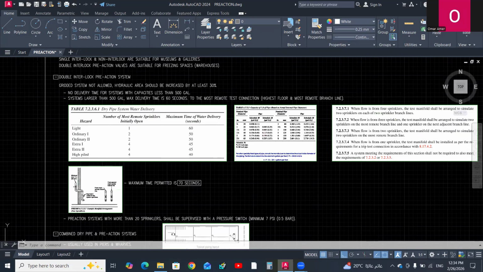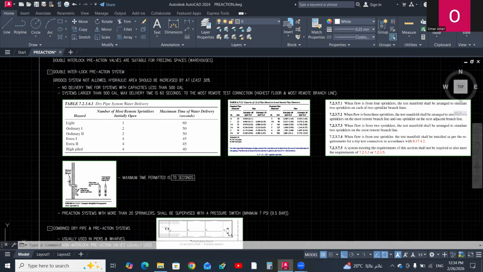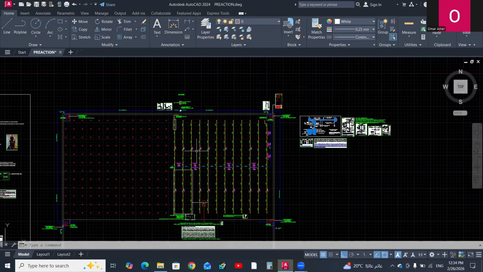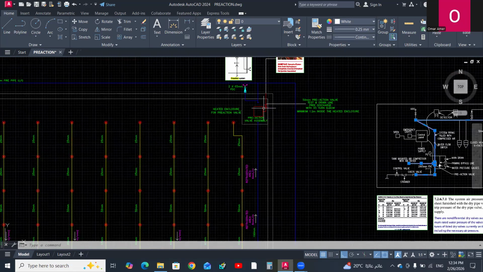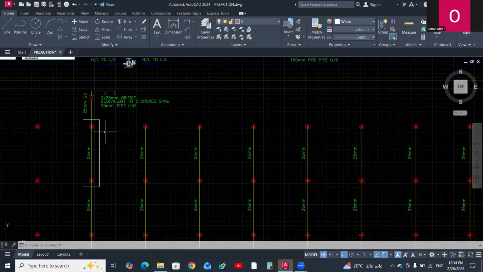For extra hazard, it shall not exceed 45 seconds. These are empty pipes filled with compressed air or nitrogen, and water must reach this location in a certain time period.